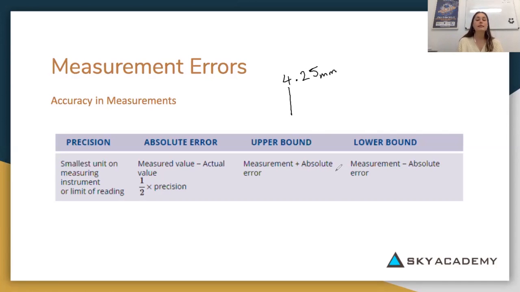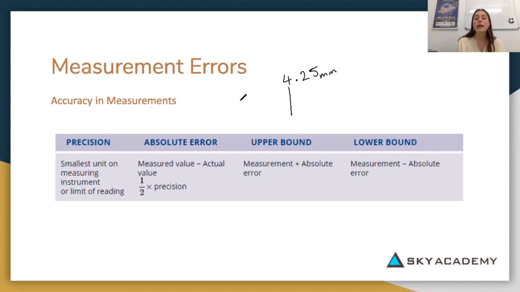Because we're looking at something that is so small for the human eye to perceive, we can't determine what is 100% accurate. We could give an approximation where it's close to 4.25 millimeters, whereas it actually might be 4.3 millimeters.